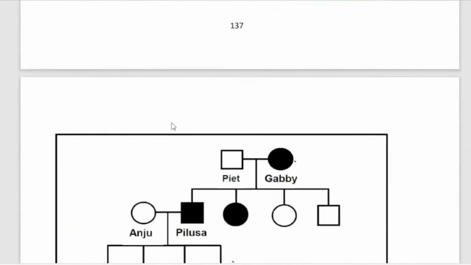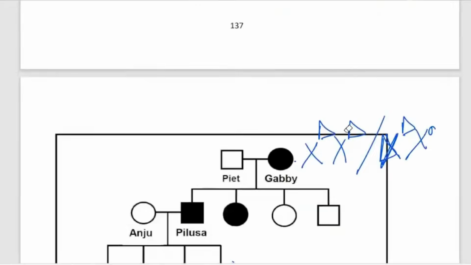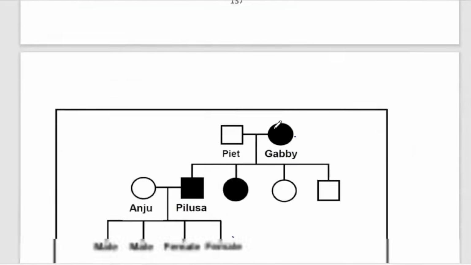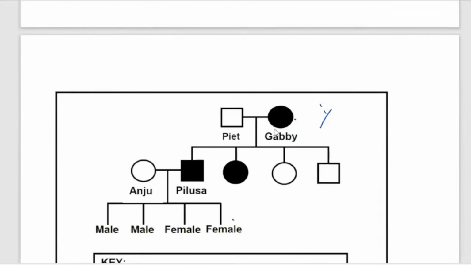Therefore, these people who are affected are going to have the dominant allele. Is it capital D? No, they used G. Sorry, guys, they used G. Please use the letter they have given you. Don't just use what you think is correct. Therefore, it's going to be X capital G, X capital G, X capital G, and X small g.